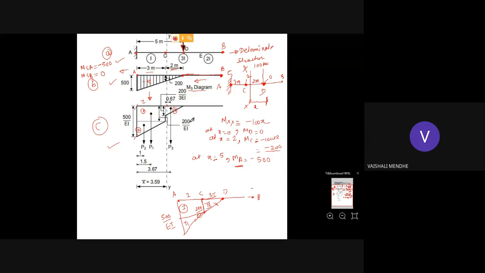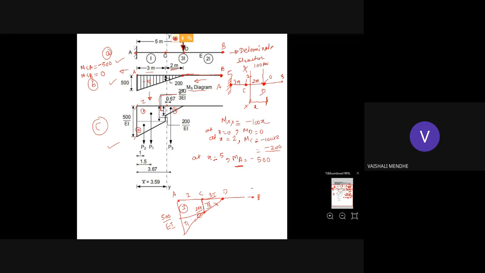This will be 200 by 3EI, because C to D is changing. That is 200 by 3, which is 0.67.